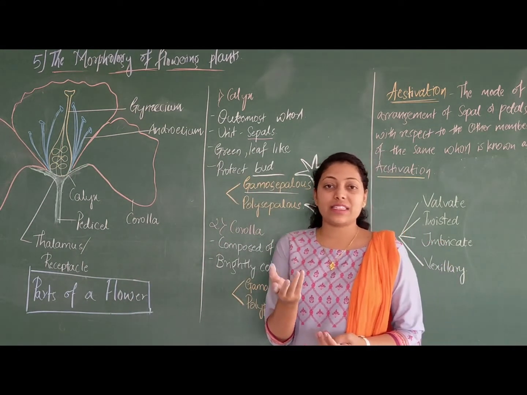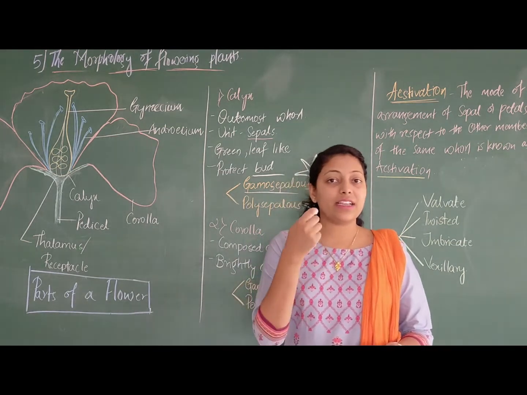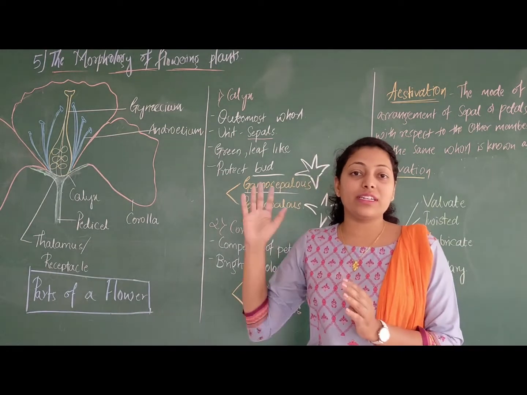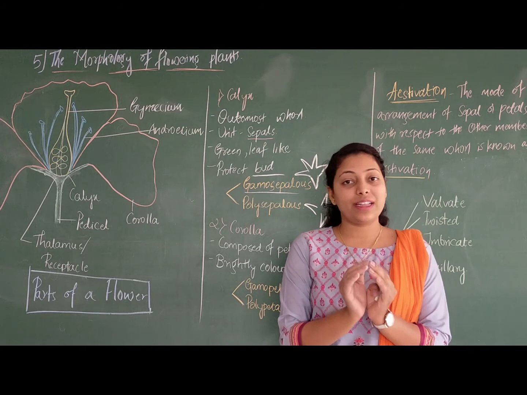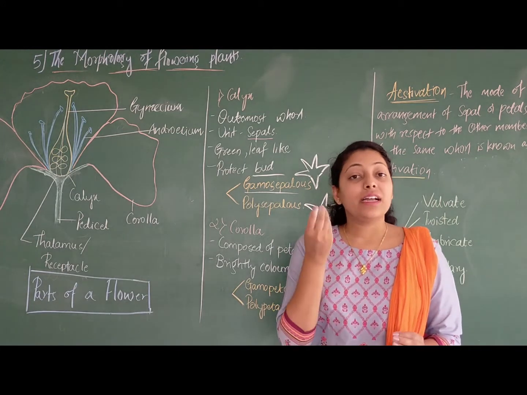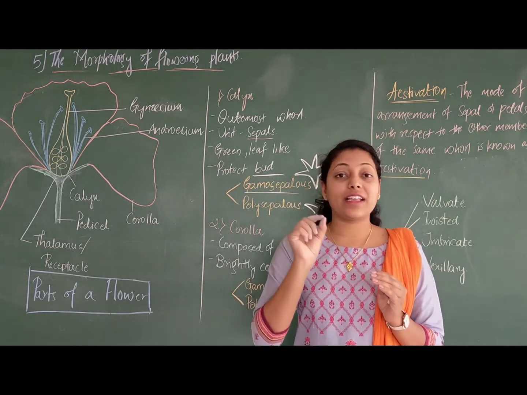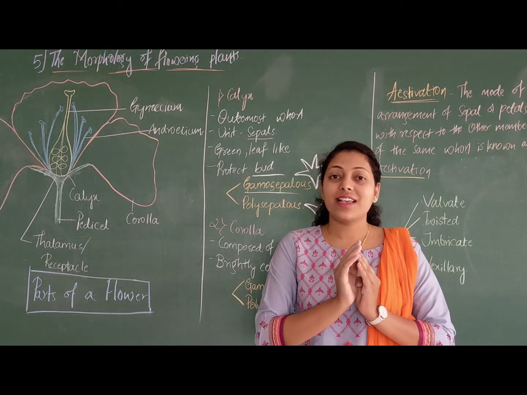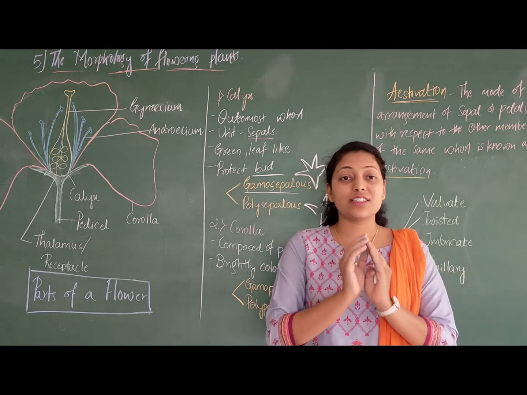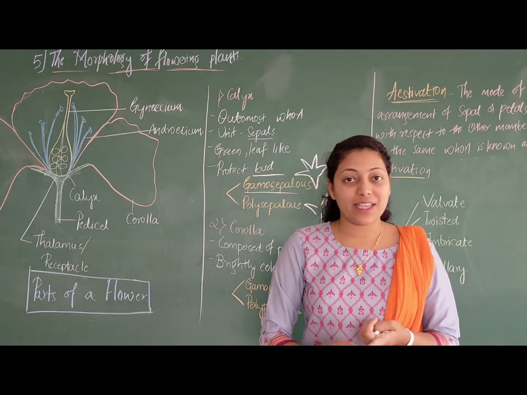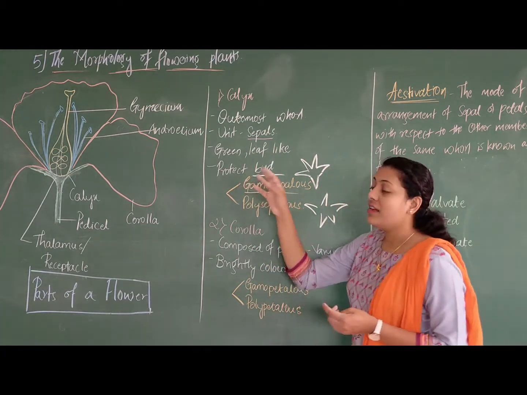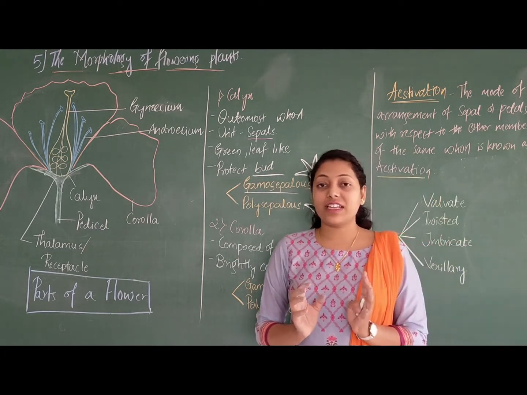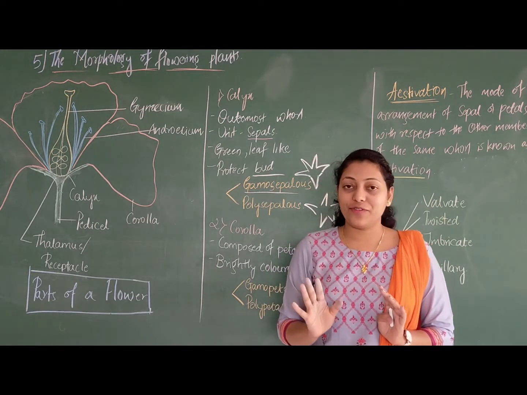By the visualization, I request you to take a flower in your hand and sit to understand the different parts of a flower when you are at home. You can see that the outermost part, a leaf-like or blade-like structure, is called calyx. Calyx consists of units of arrangement called sepals. These are green in color, leaf-like structures, but these are not leaf.